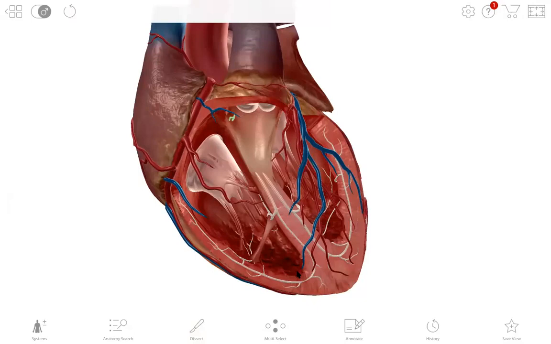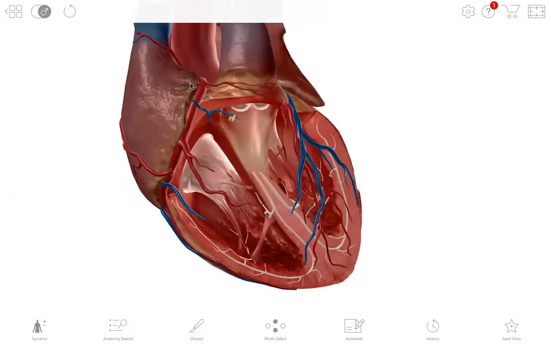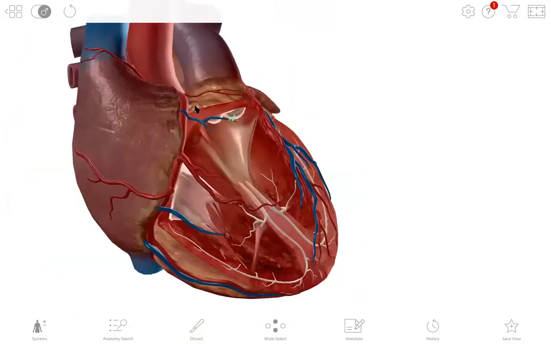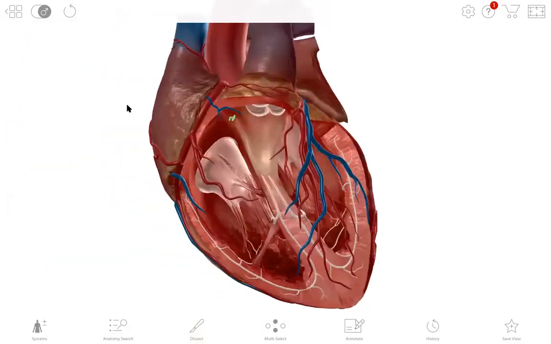We return to the chambers, to the right atrium. We said that it has a small expansion called the right auricle. So I have the right atrium inside, and with its expansion is the right auricle.